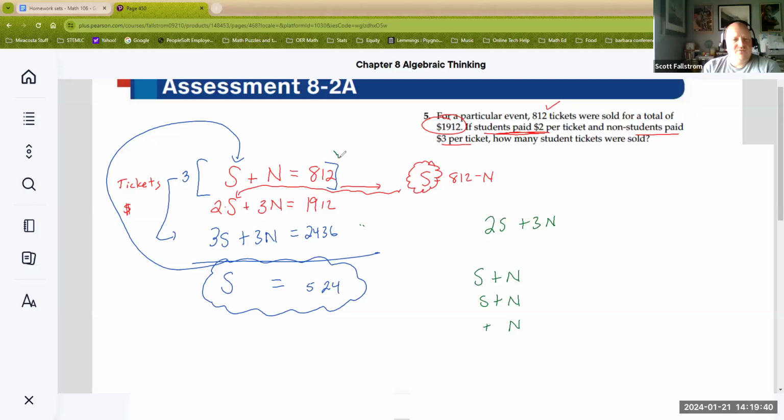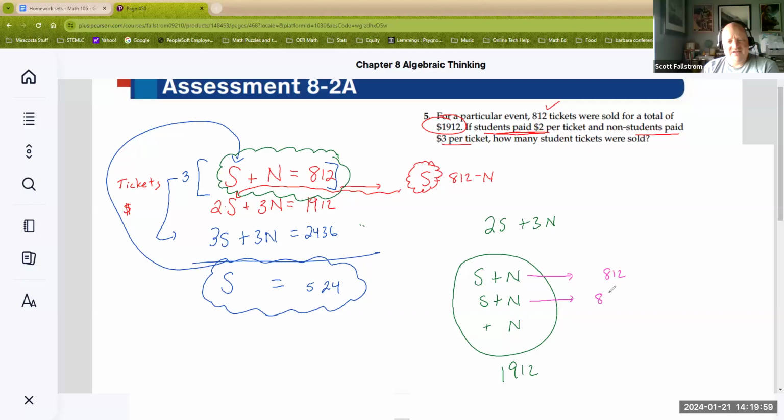Then why don't we use this beautiful fact right here that an S plus an N is 812? Now notice all the money stuff together is supposed to be 1912, but if we use this fact, S plus N is actually 812. S plus N is another 812. I'm left with an N, and my grand total is 1912.